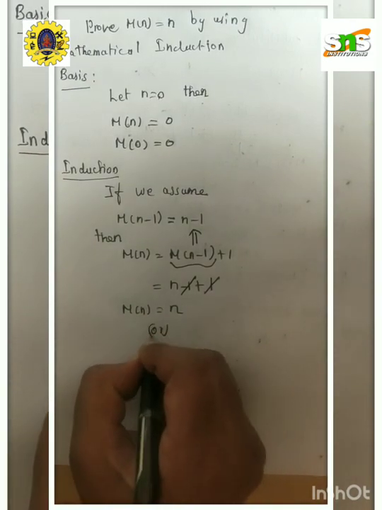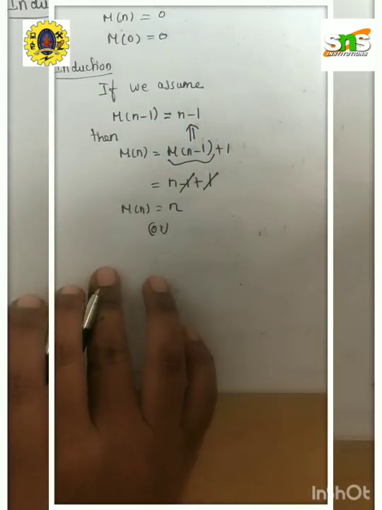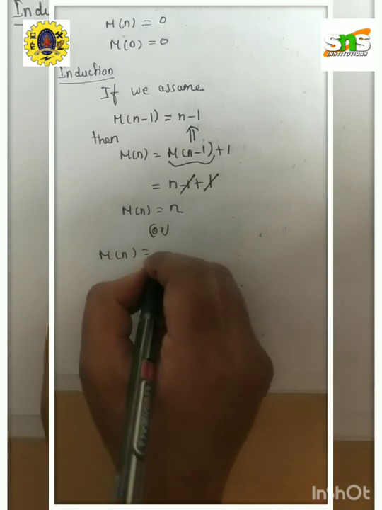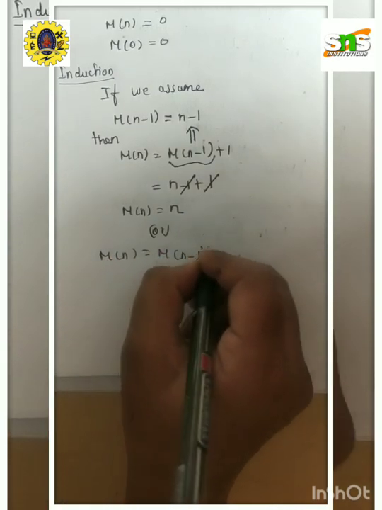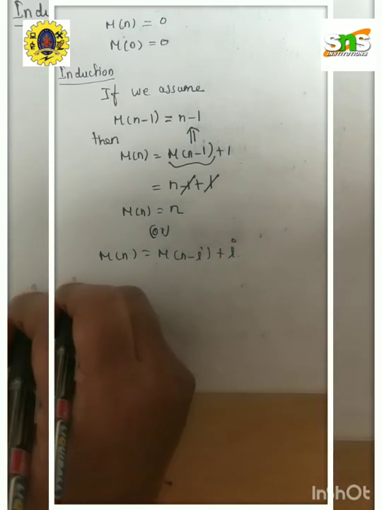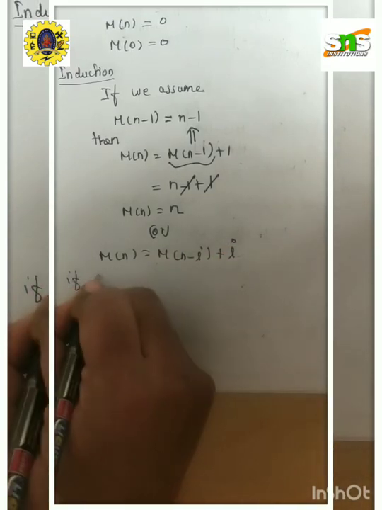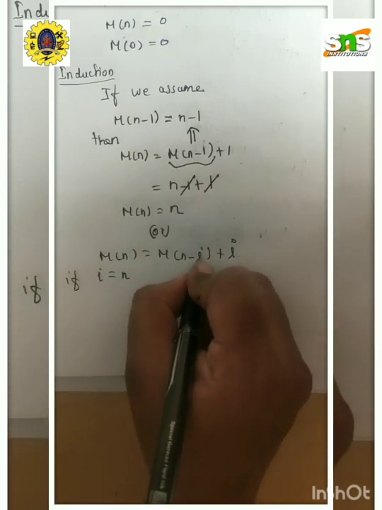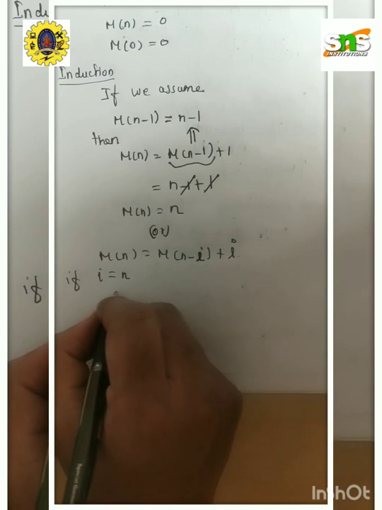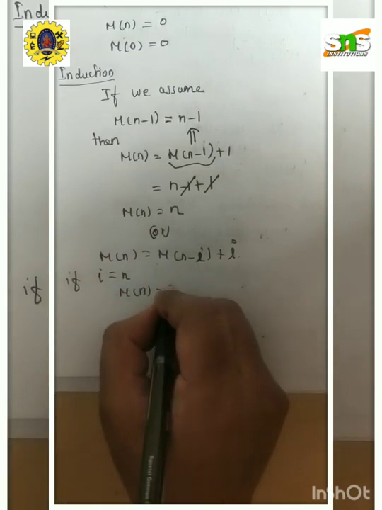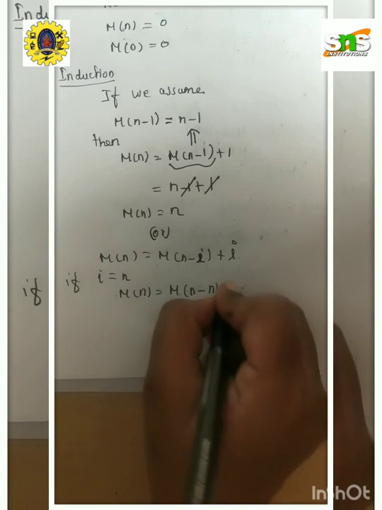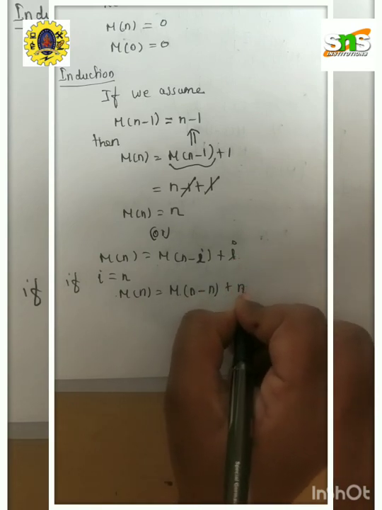Or I can use one more thing. M of n equals, in the previous step we got m of n minus i plus i. So here if the i value is equal to n, instead of i we can take n: m of n equal to m of n minus n plus n.